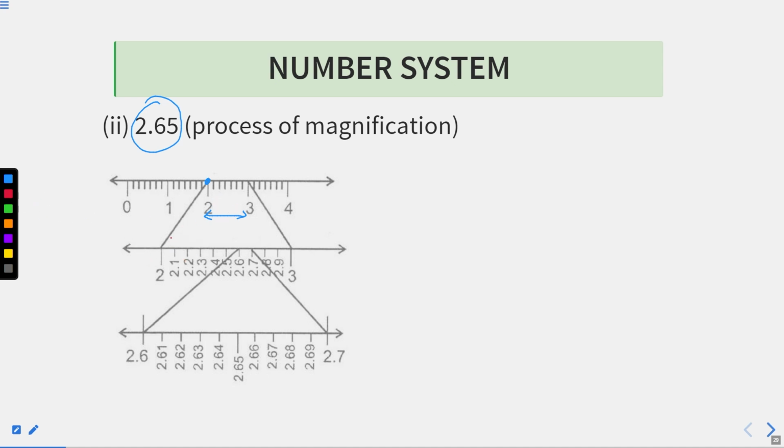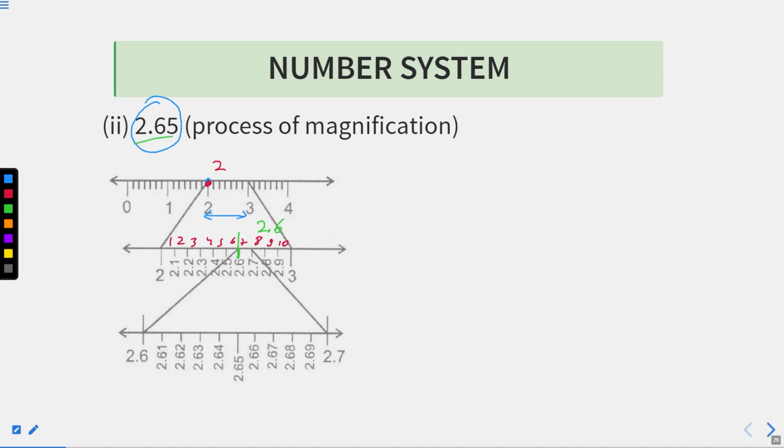For example, the division is given here: 1, 2, 3, 4, 5, 6, 7, 8, 9, 10, and first we are here at 2. Now we get to the 2.6 part, which is here, after getting 6 parts. So now we are at 2.6.